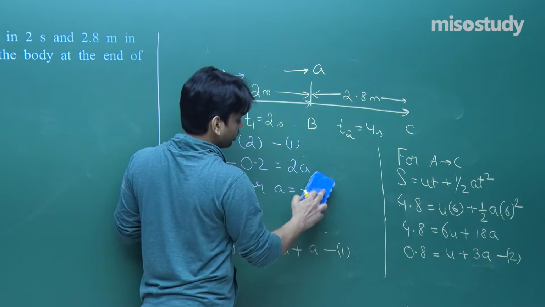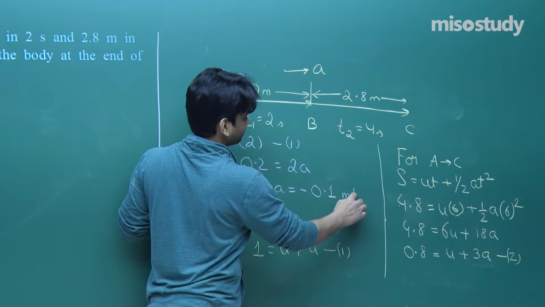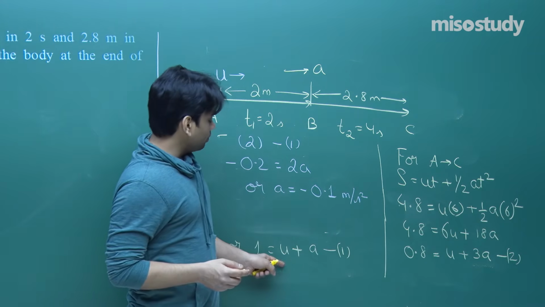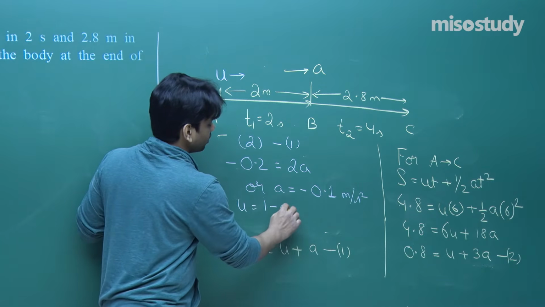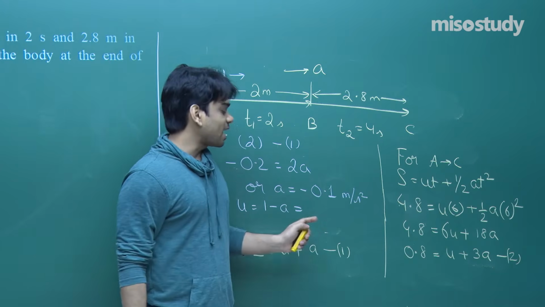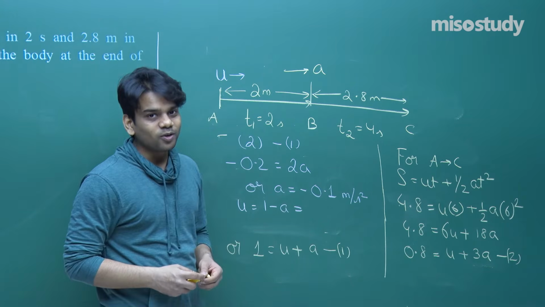I am not giving any unit. The units will be standard ones, that is 0.1 meter per square second. Now let's talk about u. U will be 1 minus a. If you write 1 minus a, you will get the value of u.